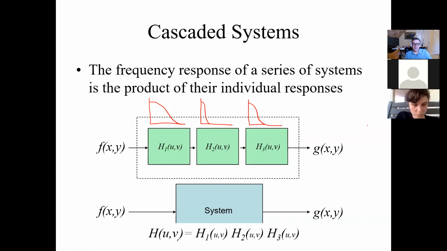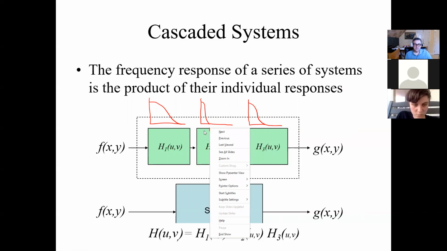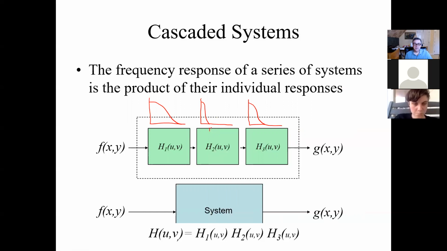The point here is, okay, well, the net response of this system is going to be the product of those three things, but there's a bottleneck, right? The one that really determines the ultimate response of the system is number 2, because it has the most limited frequency response. It doesn't really matter that H1 passes these guys, because they're just going to get blocked by H2. Right? That's more or less what we're trying to express here.